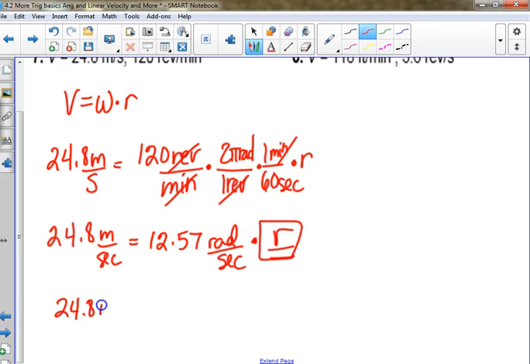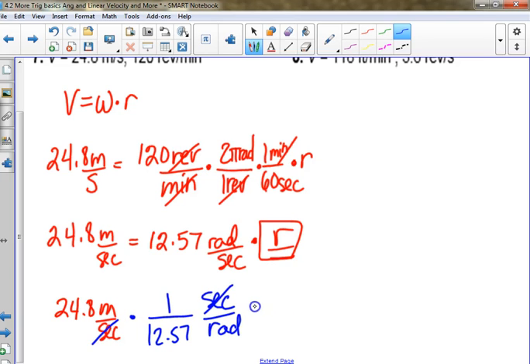But as far as the label goes, when you divide, what happens? You multiply by the reciprocal. So we're really doing this. And that becomes seconds over radians. So the seconds cancel and we get just what? Meters, because remember the magical unit of radians disappears.